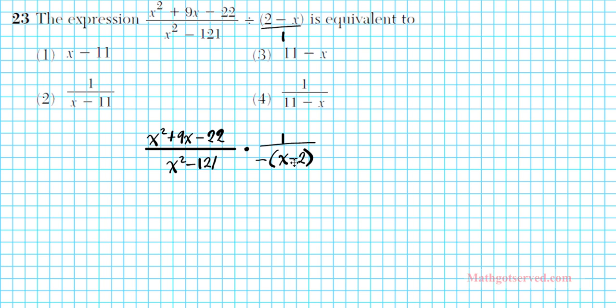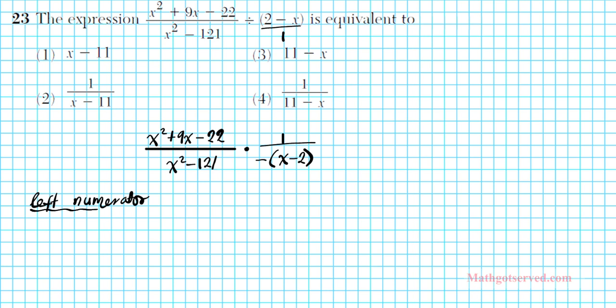Now, what we're going to do is go ahead and factor where applicable, so we can know what to cancel out. So we have to factor the numerator on the left and also the denominator on the left. So let's start with the left numerator. Remember, I told you I'm going to make a mistake somewhere. See if you can catch it.